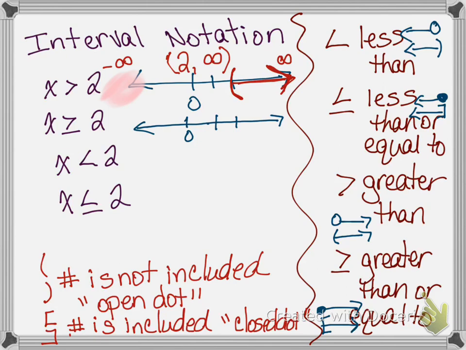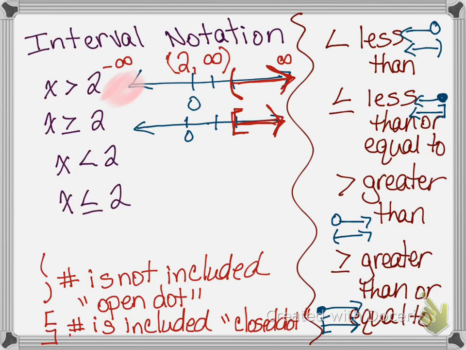For my graph, I'm going to have a bracket at 2, because that number is included. Then I'm going to the right because it's greater than or equal to. So this is my graph.